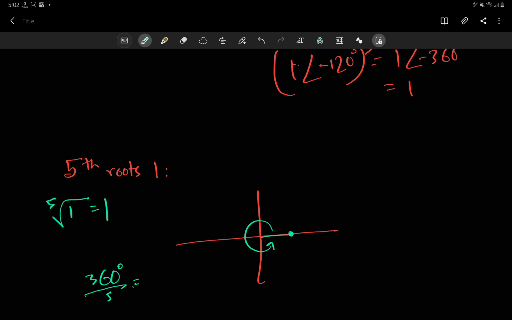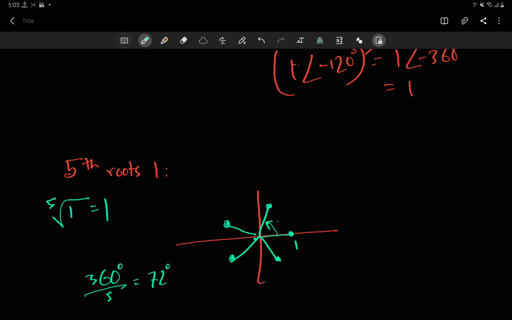So if you divide that, you would get 72 degrees. Yeah, something like a star, right? So this is 1, and this angle is 72 degrees.